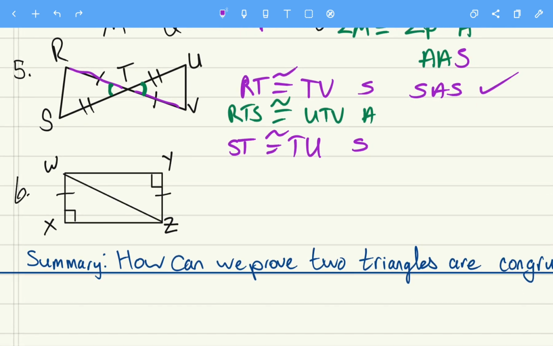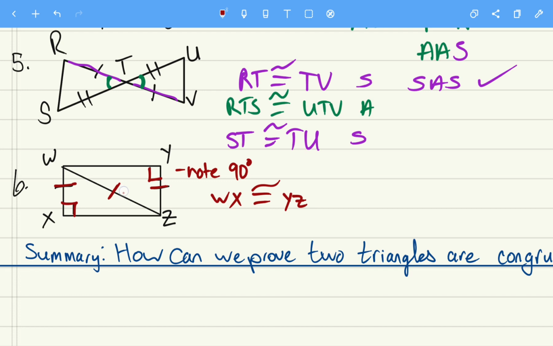Let's look at one more, and this one's kind of nice. We have a right angle here. We also have sides WX and YZ. Those are congruent.